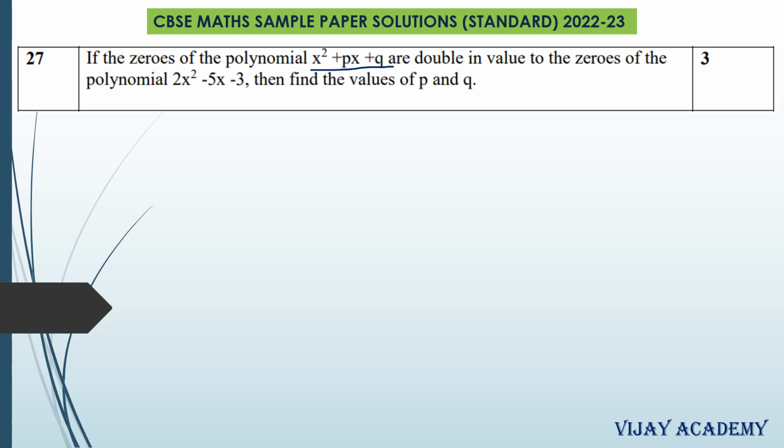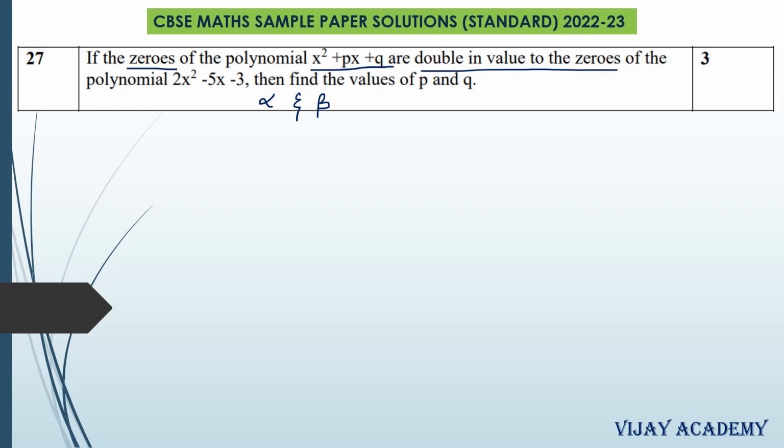So it's given that the zeros of the first polynomial are double in value to the zeros of the second polynomial. So if you take the zeros of the second polynomial as alpha and beta, the zeros of the first polynomial will be 2 alpha and 2 beta.